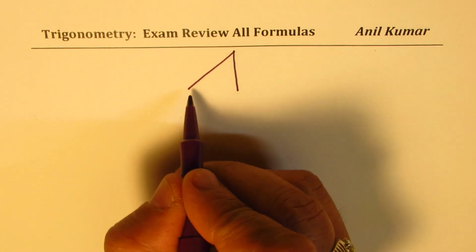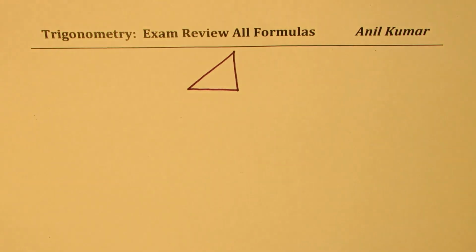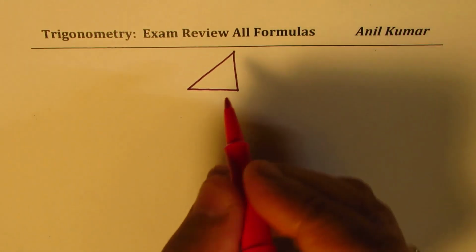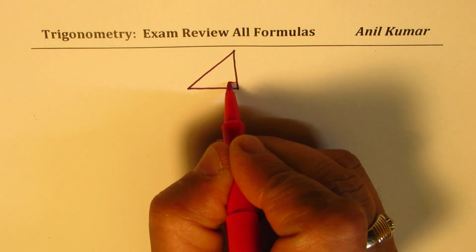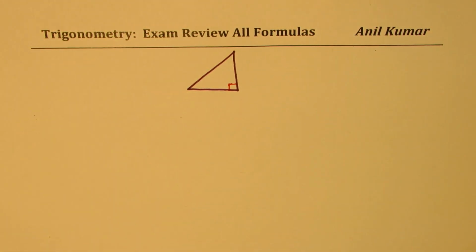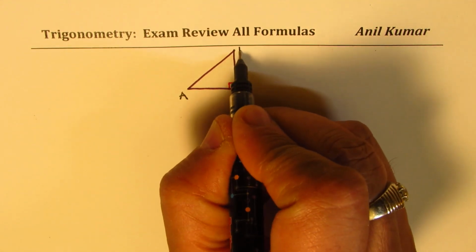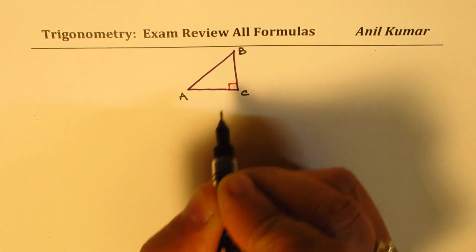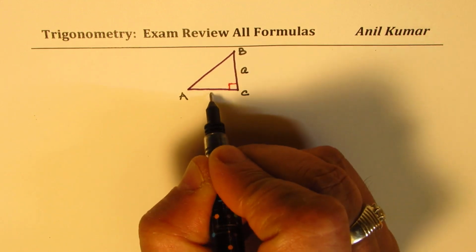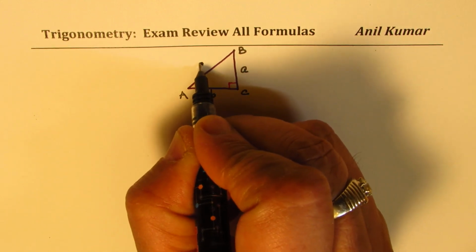In the first chapter on trigonometry, we always define some very basic terms, sine, cosine and tangent, which are there to relate the sides of a right triangle, right? So let us say this is our right triangle ABC. The sides will be lowercase a, b and c.